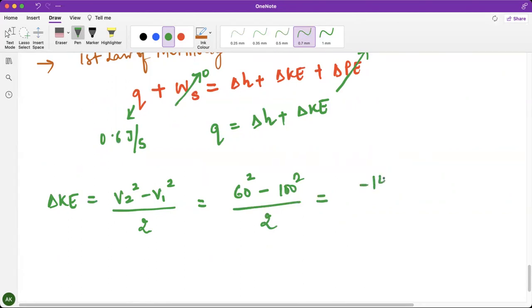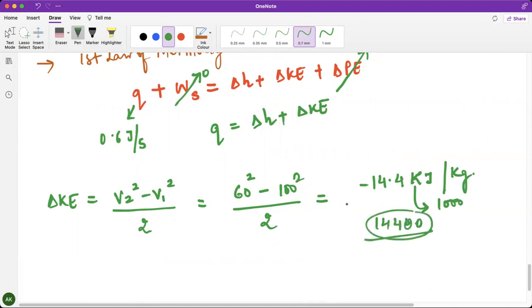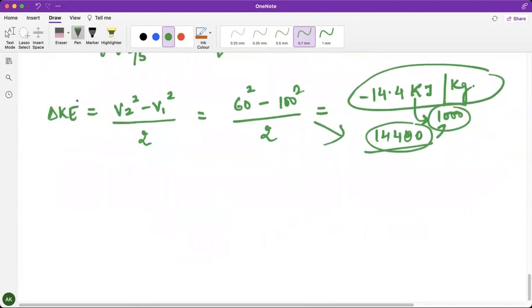So this we get as minus 14.4 kilojoules per kg. On solving this we got minus 14400, and dividing it by 1000, we got the actual value as minus 14.4 kilojoules per kg. So this is change in kinetic energy.